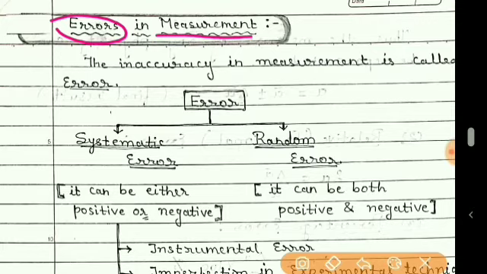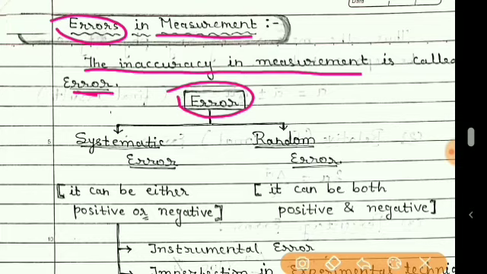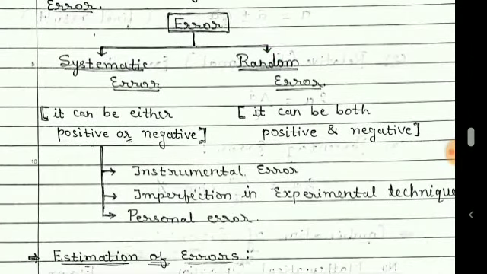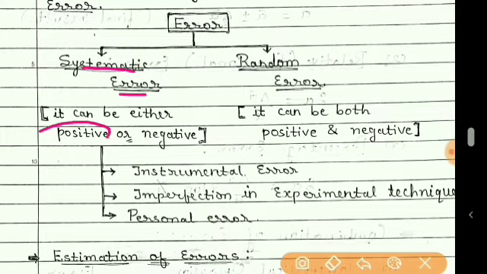Now this error is nothing but inaccuracy in the measurement, and this type of errors can be categorized as systematic error and the other is random error. In a systematic error, the error can be either positive or negative.